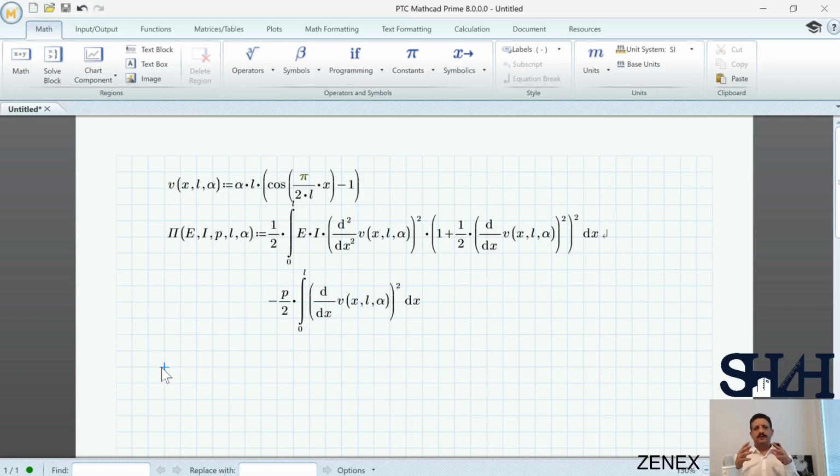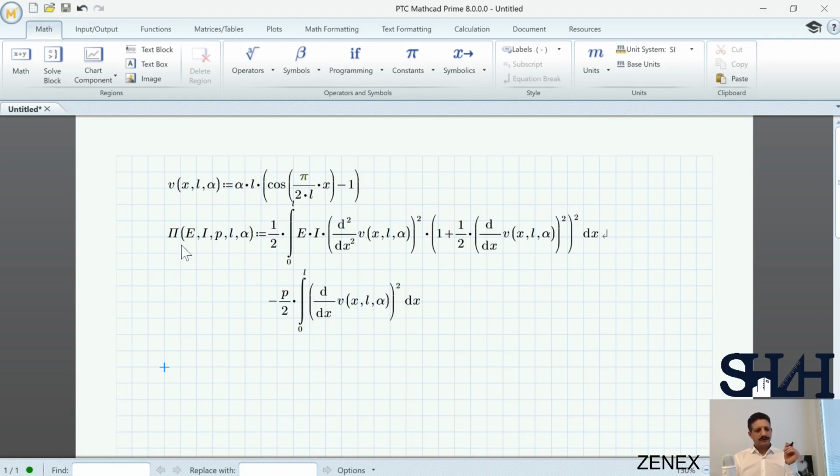If you remember, we went through the rotational spring, for example. We formed the total potential energy, and to calculate the critical load, we made the first derivative with respect to the unknown factor, which here is alpha, for example. And then we found the second derivative to check at what point it will be stable.